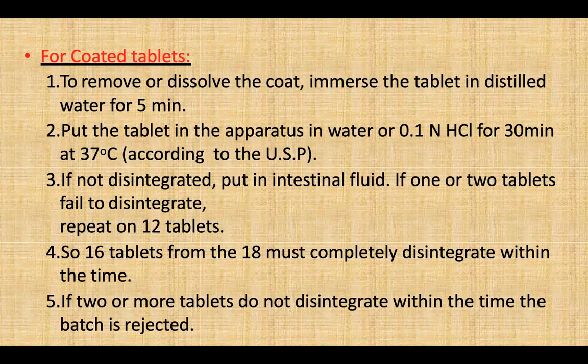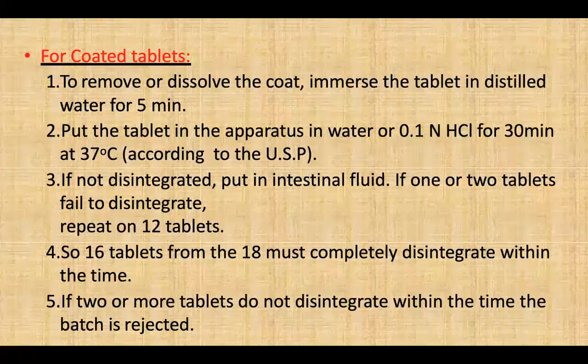If not disintegrated, put in intestinal fluid. If 1 or 2 tablets fail to disintegrate, repeat on 12 tablets. So 16 tablets from the 18 must completely disintegrate within the time. If more than 2 tablets do not disintegrate within the time, the batch is rejected.